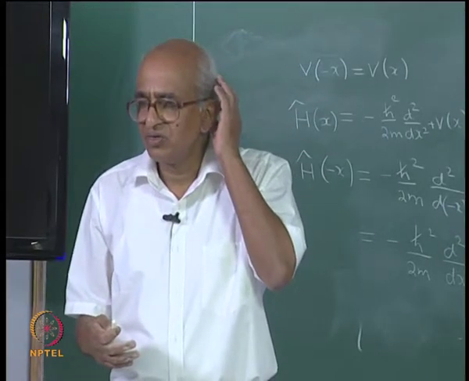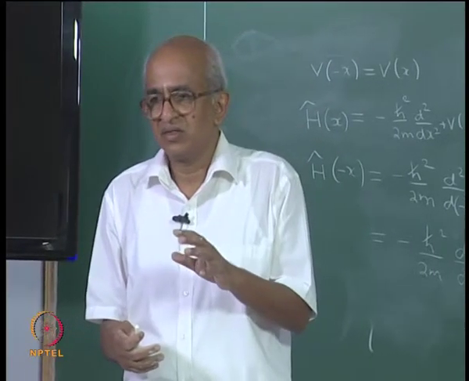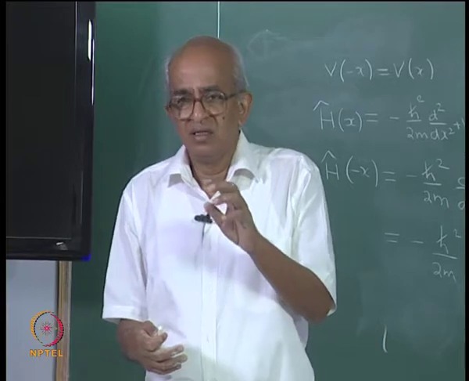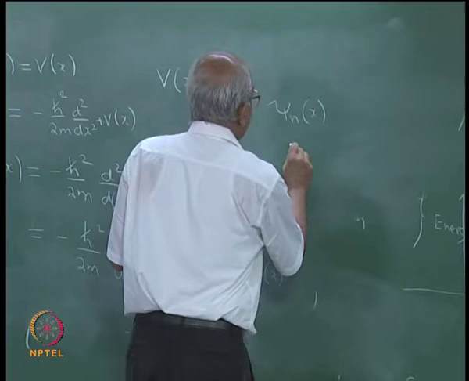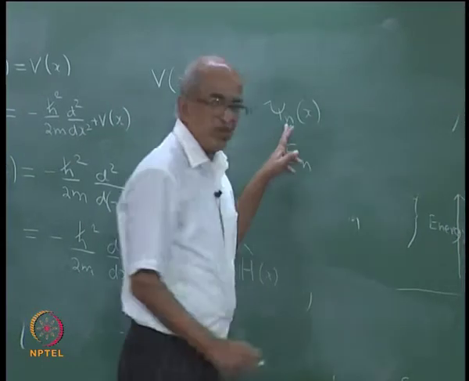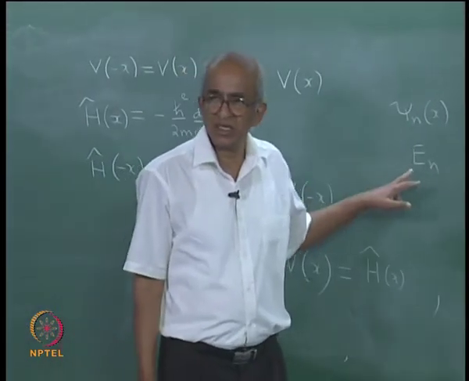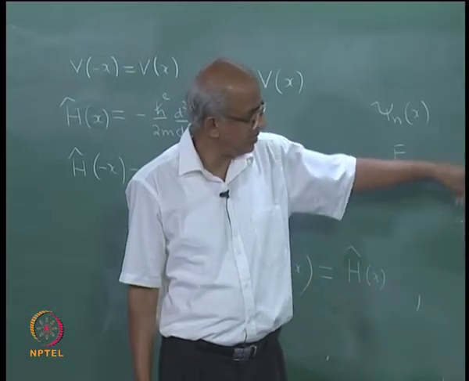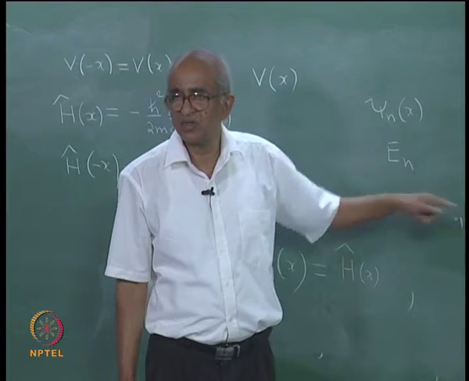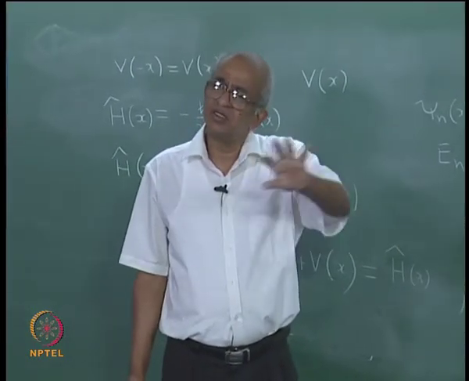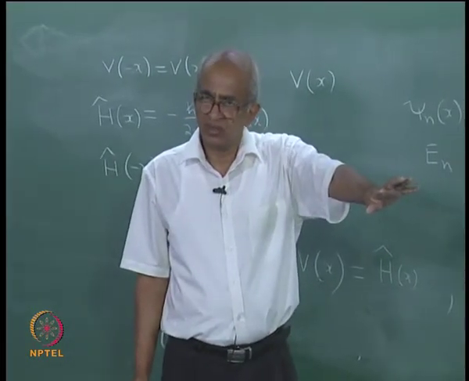I will assume that this has an energy which may be referred to as E n, and that there is only one state which has that energy, which is what happened in the case that we have discussed. In the case of the particle in a box, for any given energy there is only one state, right.